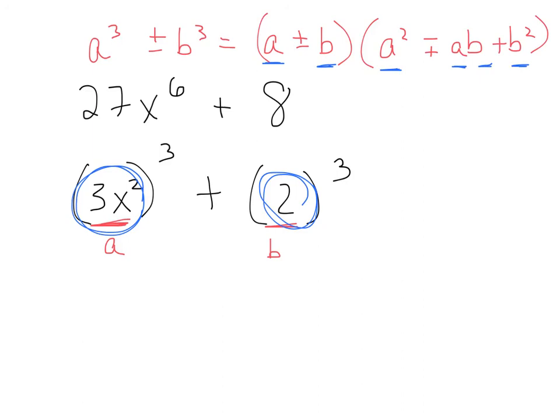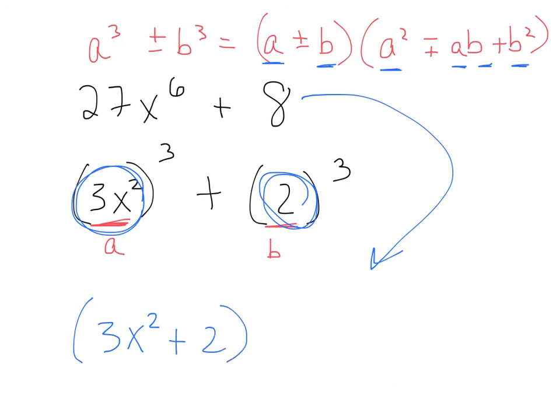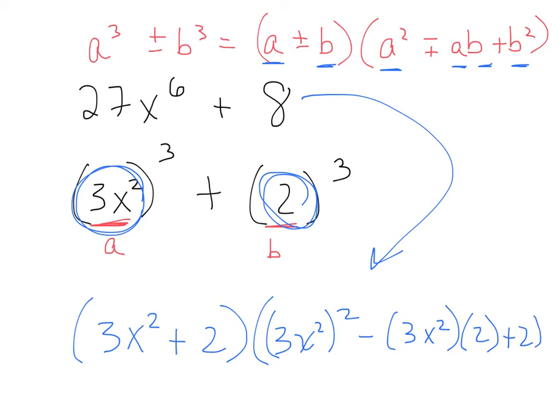So this becomes, when factored, this entire thing up here, when factored, becomes A, which is 3x squared, plus B, which is 2, times A squared, so the quantity 3x squared squared, that's A squared, minus A times B plus B squared.